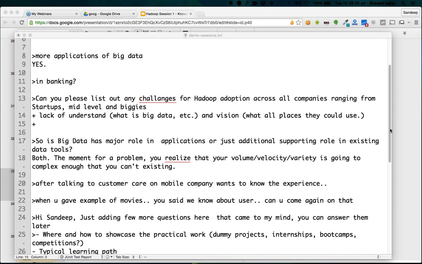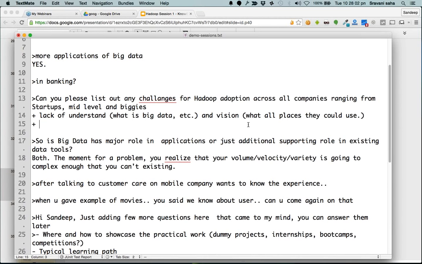These are the most important things, and there are some honest cases where they don't have big enough data. For some projects, you don't generally have too much data, and you do not see that the data is going to grow really high.